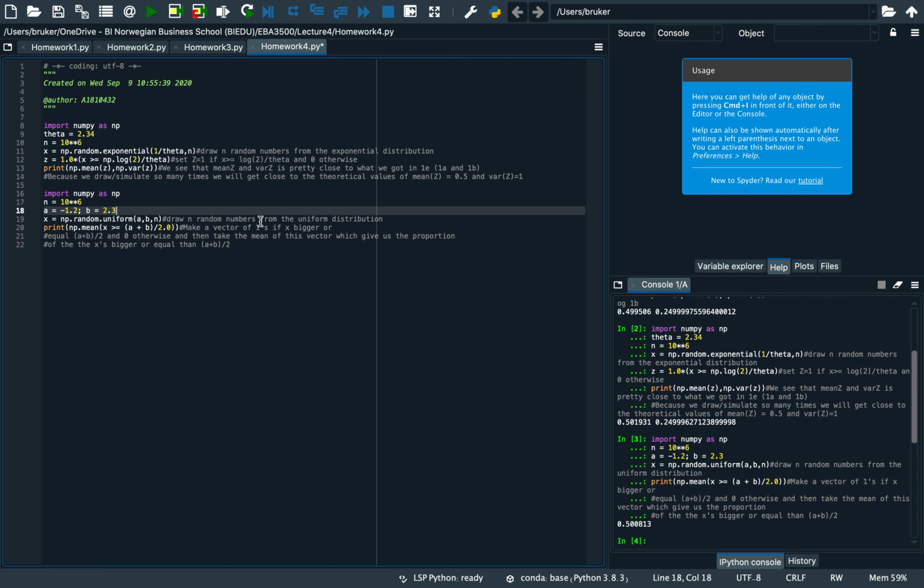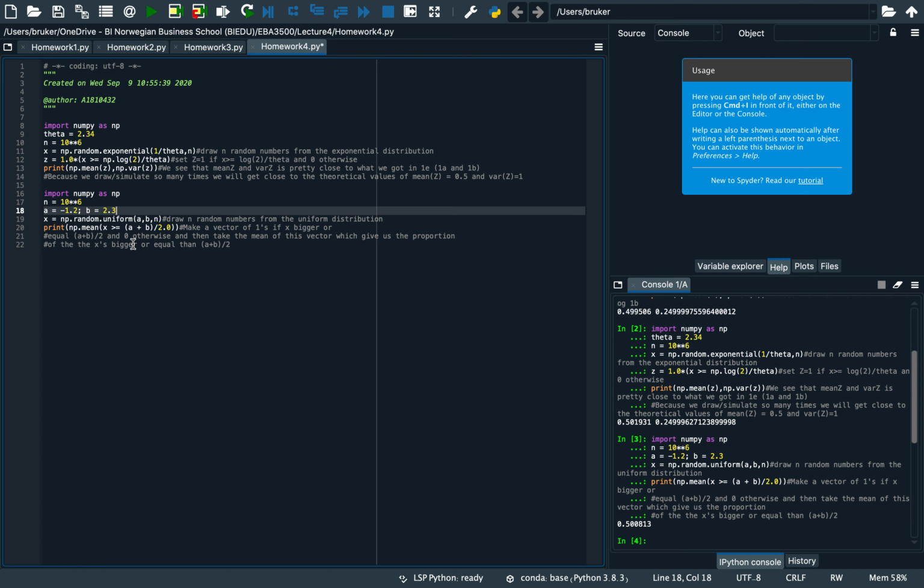We draw n numbers from the uniform distribution, and we check if x is greater or equal a plus b divided on 2. And if it is, it will be a 1, and otherwise it will be 0.